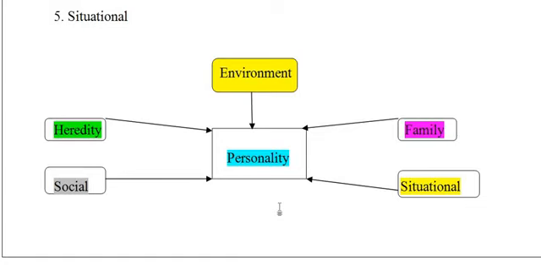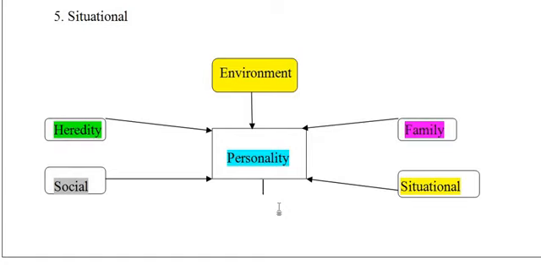Every culture has its own subculture, each with its own views about such qualities as moral values and standards. And next one is family. Family plays an important role in personality development. Parents and other family members have a strong influence on personality development.